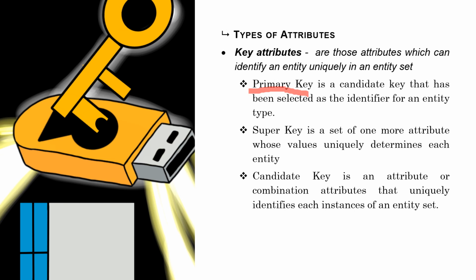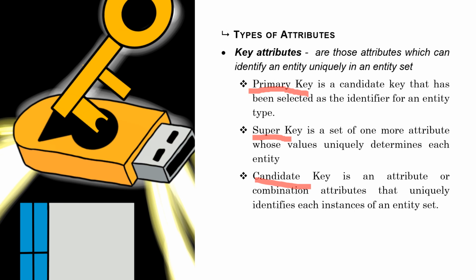And then we have the super key. The super key is a set of one or more attributes wherein the values uniquely determine each entity. Next, we have the candidate key.